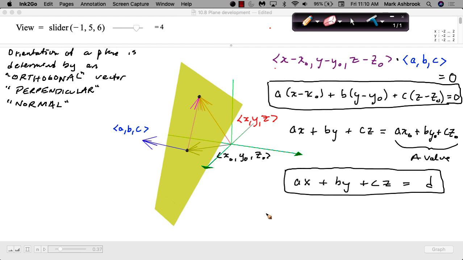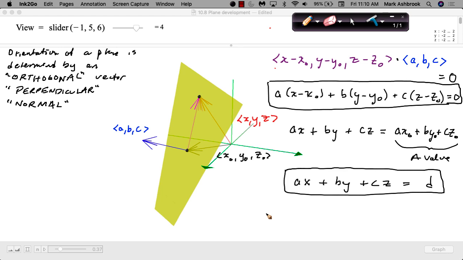But oftentimes in a problem, you'll be given a plane, and it'll be like this. So what can you glean right away from this? Looking at an equation like that, what do you know right away about the plane? Yeah, you know the coefficients form the normal vector ABC.